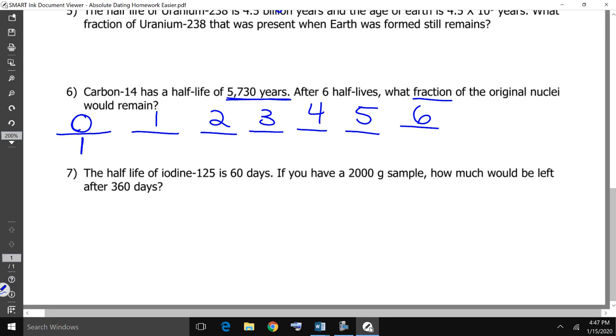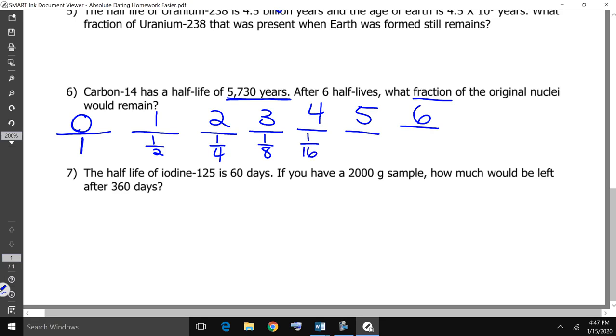So you can always use these numbers as placeholders. And so on the bottom here, I'm going to use fractions. After 1 half-life, half is remaining. So down here, here's a half. Divide a half in half, that is a fourth. Divide a fourth in half, that is an eighth. Divide an eighth in half, that is 1/16.